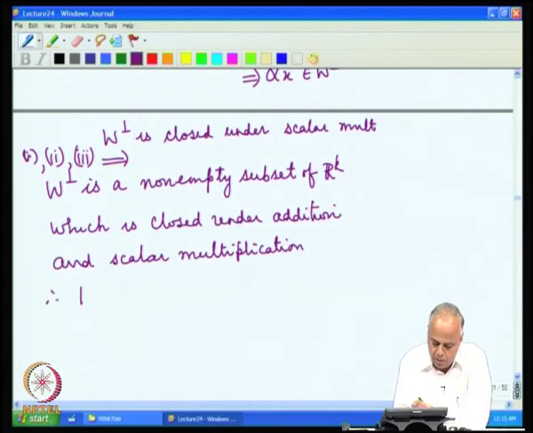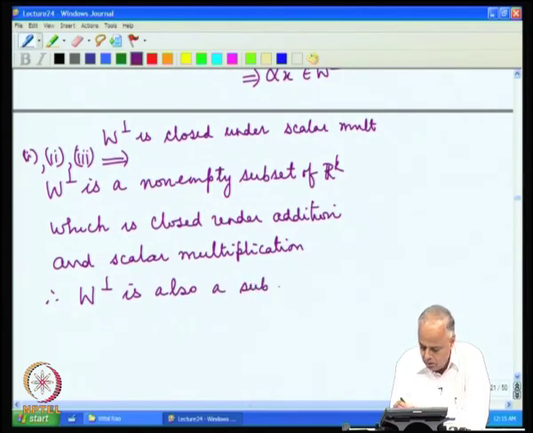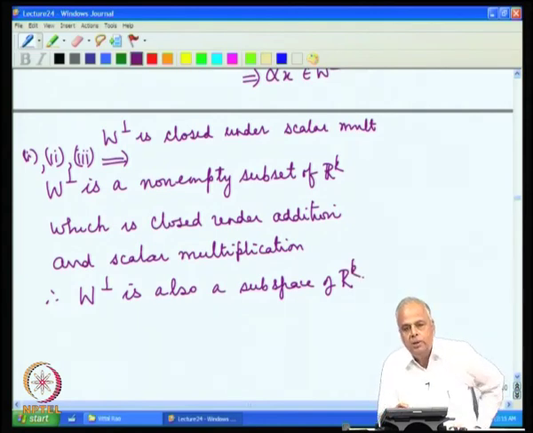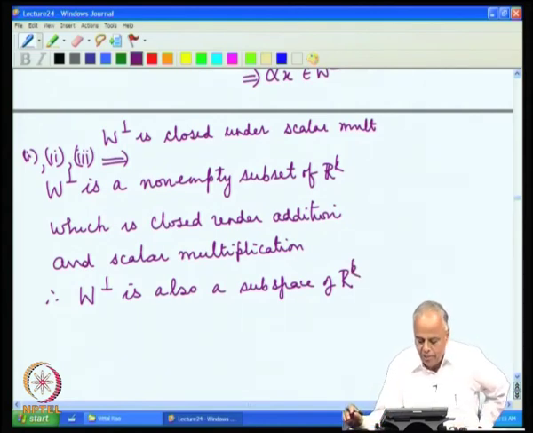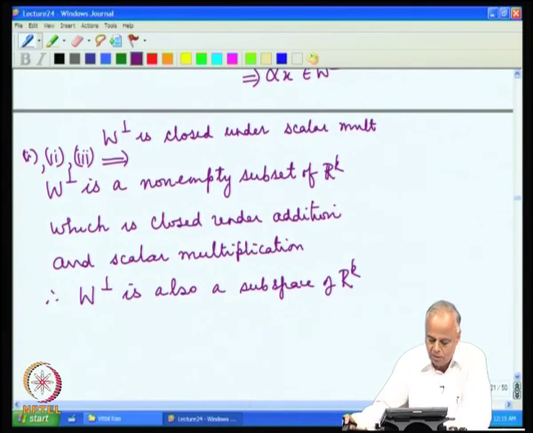And therefore, W perp is also a subspace of R^k. So, we have started with a subspace of R^k, and we have constructed another subspace which is the orthogonal subspace. All the vectors there are orthogonal to this.